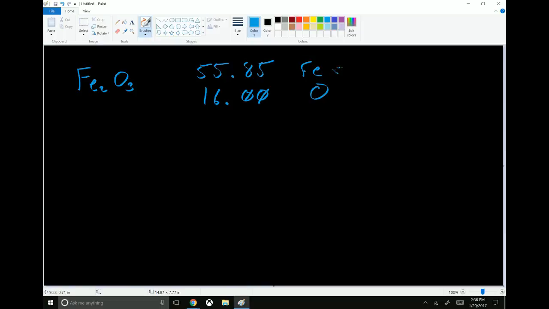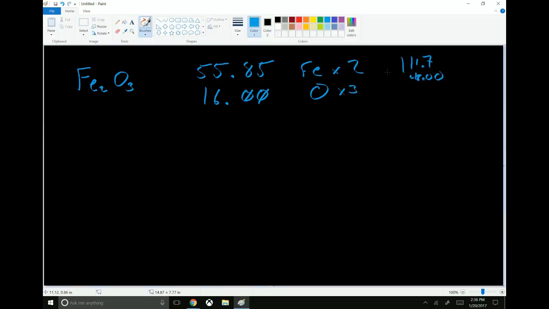Now, there are two irons, so you're going to need to multiply 55.85 times 2. And there are 3 oxygens, so you're going to need to multiply that by 3. So it's going to be 111.7 for iron, plus 48.00 for oxygen.